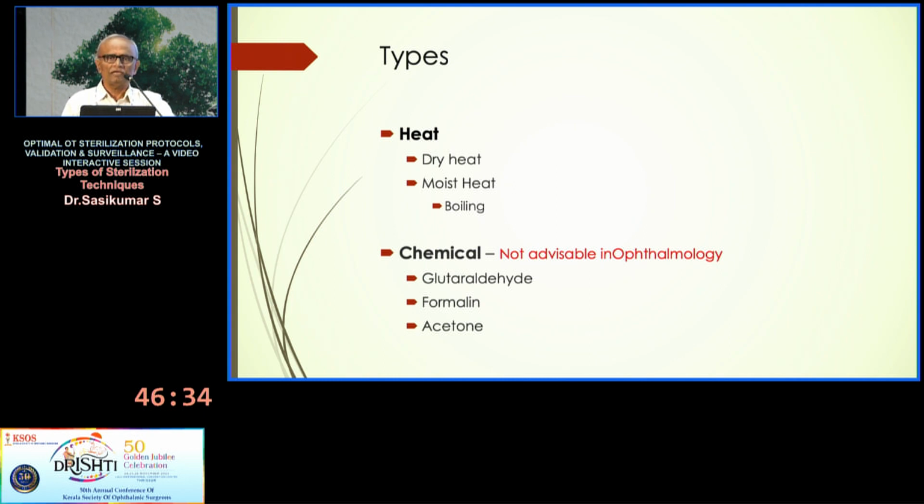In heat, dry heat is usually used in laboratories, and mostly we use moist heat. Boiling is not recommended, and steam under pressure, or autoclaving, is the best and the cheapest method of sterilization in ophthalmology. Chemical sterilization is not at all advisable in ophthalmology.